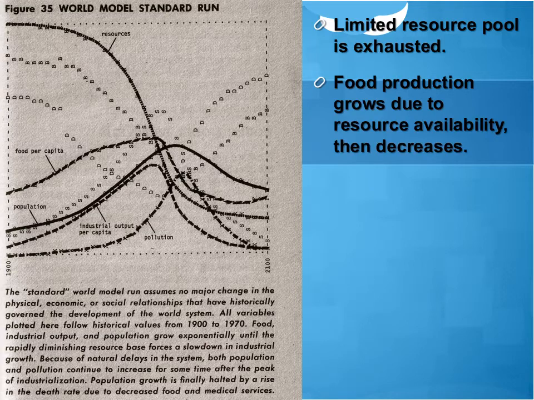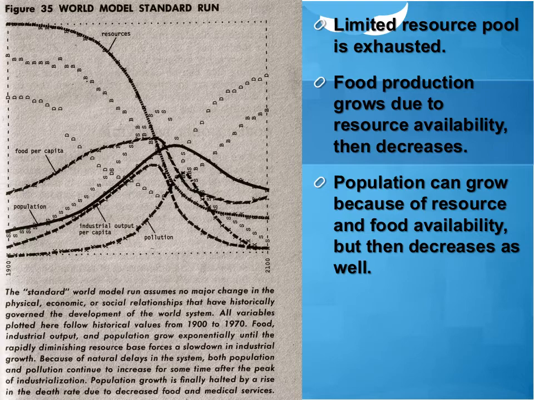You can see that food production grows essentially at the beginning due to resource availability. So there's resource available, there's technology, so you can use water and you can use energy to produce food. But after these resources start being depleted, then the ability to produce food decreases, and that's the collapsing part of the system that this study shares with the work of Malthus.